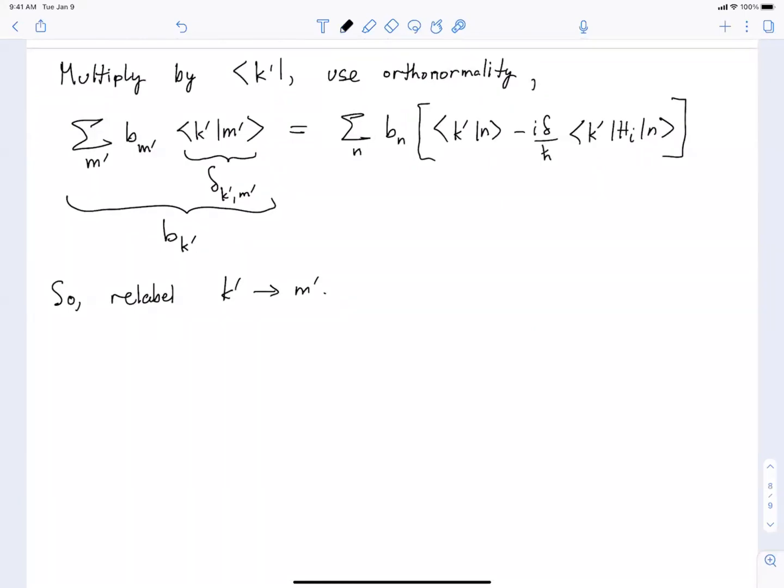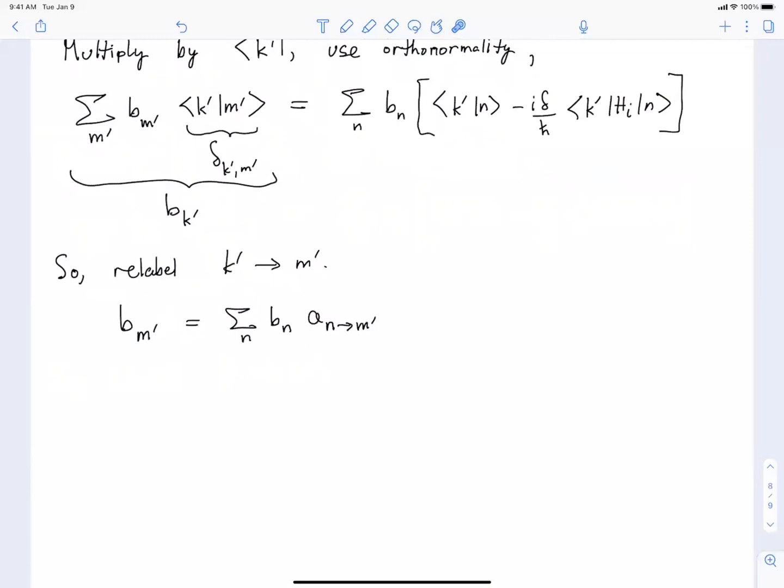And the end result is b m prime equals a sum over n. Our initial coefficients, b sub n, times something that I'm going to call a sub n to m prime. That quantity is just all of this stuff in the square brackets.